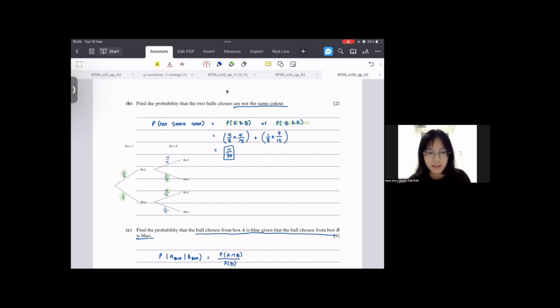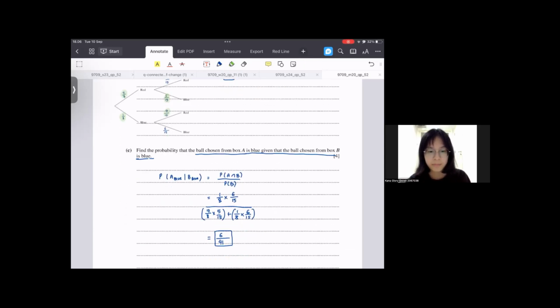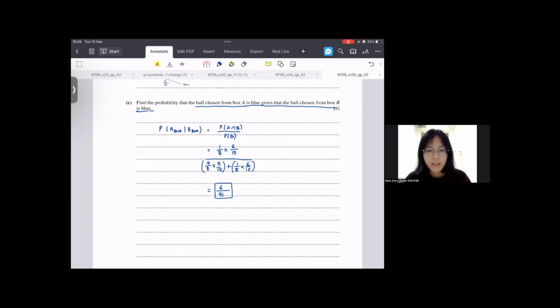So let's continue to C. Find the probability that the ball chosen from box A is blue. So this is our first event here. Given that the ball chosen from box B is blue. So this is our second event here. And here we can use P(A given B), which is A is blue, given that B is blue. That's the second event.